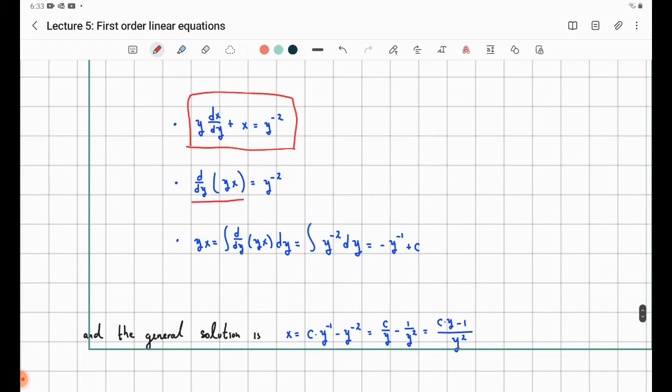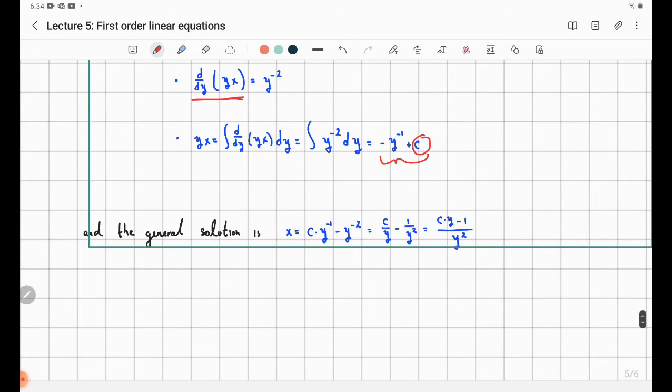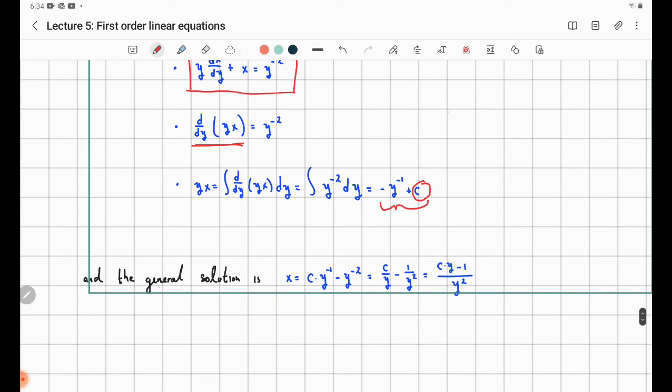In any case, we can take the integral. So the integral on the left-hand side recovers the product y and x, and the integral of 1 over y squared is given by a direct integral. So we can take directly this integral and the corresponding integration constant, and this allows us to solve the problem. Note that what we obtain at the end is an implicit relation between x and y.